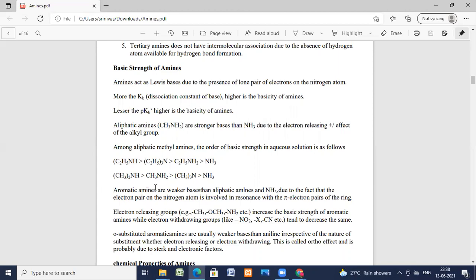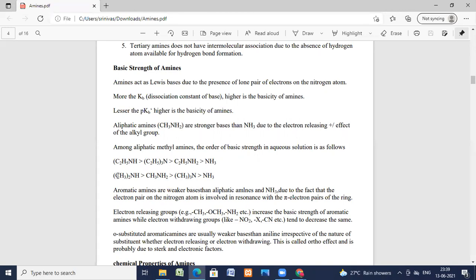Aromatic amines are weak bases than the aliphatic amines. I think you have understood the basic strength of the amines. As the methyl groups are increasing, basicity increases. Methyl groups are electron donating plus I groups. As the electron is donated, the nitrogen will have more electrons and it is more basic.